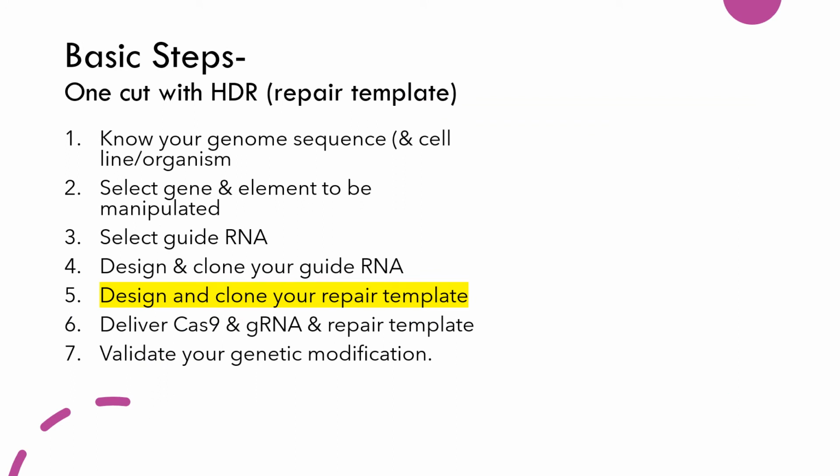So the next thing we did is we wanted to take it up a level, and we tried to do these simultaneously. Maybe in a lab with more time, we could have done them one at a time. So the next step is not just to cut with Cas9 and target the cut with your guide RNA. We now want to control the repair.